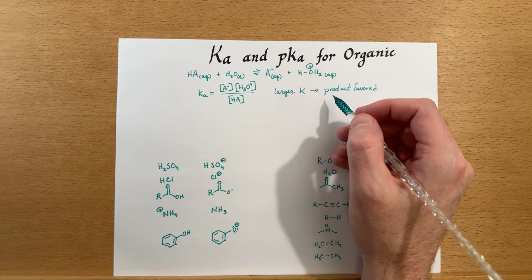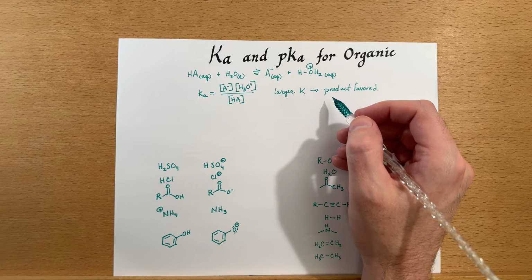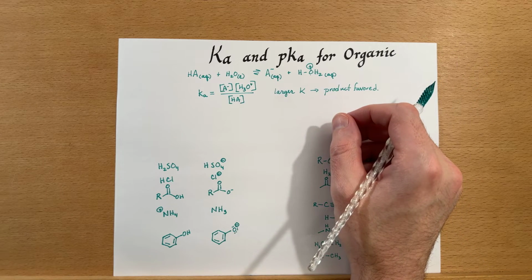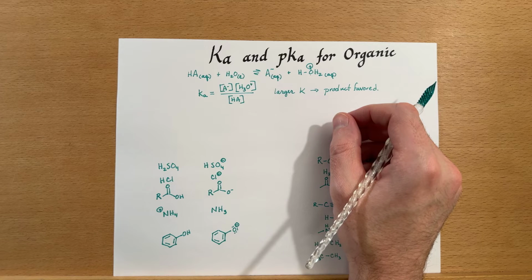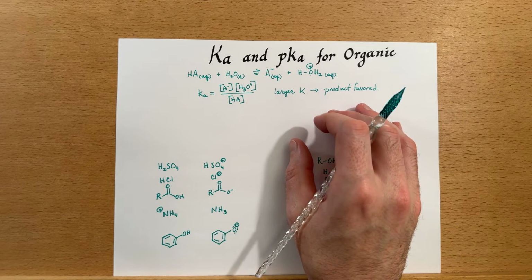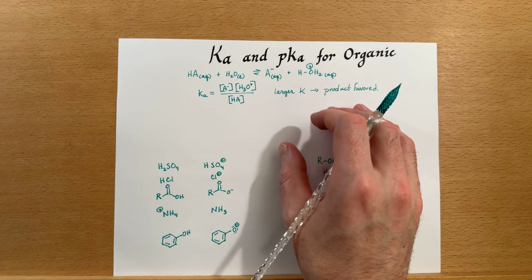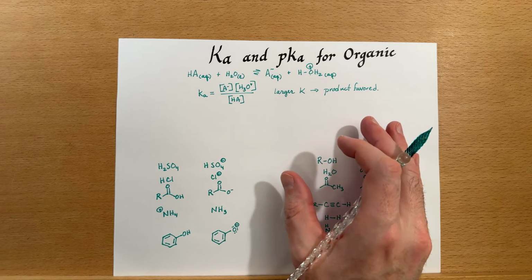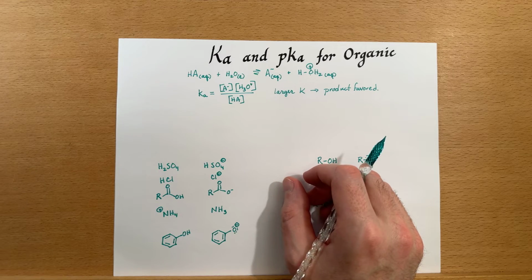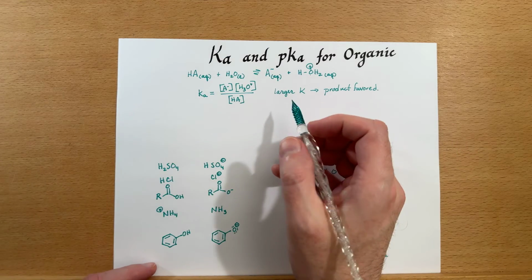And these K's can vary over a wide range, going all the way from somewhere around 10 to the 25 down to 10 to the minus 50, depending on which compounds you're looking at. And since this is a very big range, we like to use logarithmic scales for things that have a very long range.